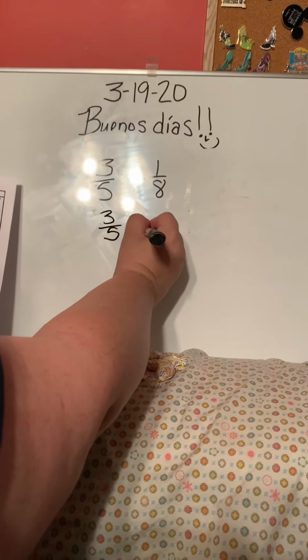Okay. Next we have our adding and subtracting fractions. So we're starting with 2 3/5 plus 1 1/8. Before you can add with fractions, you have to have the same denominator. So we're going to move our whole numbers over. And what number will both 5 and 8 divide evenly into?